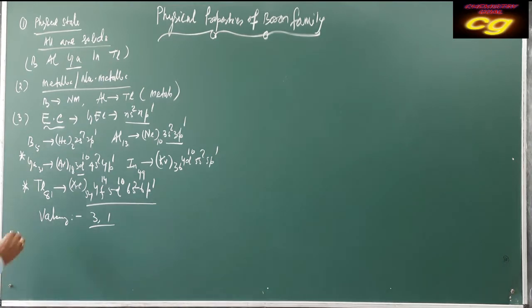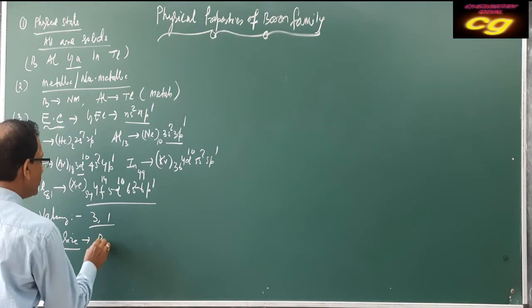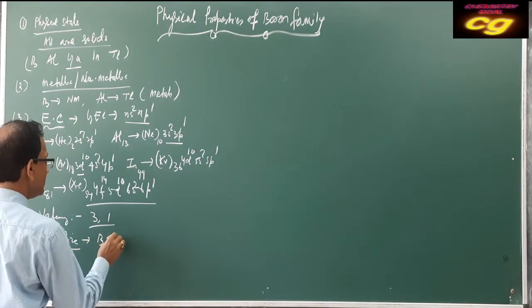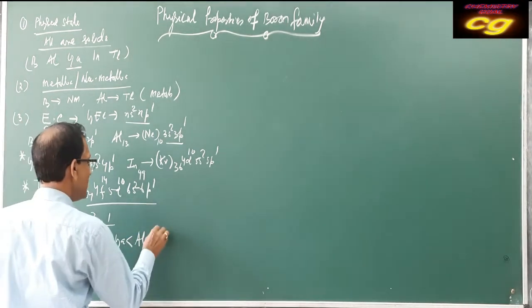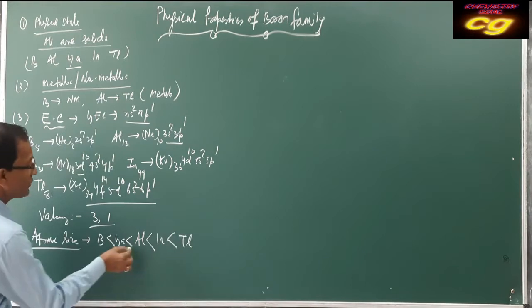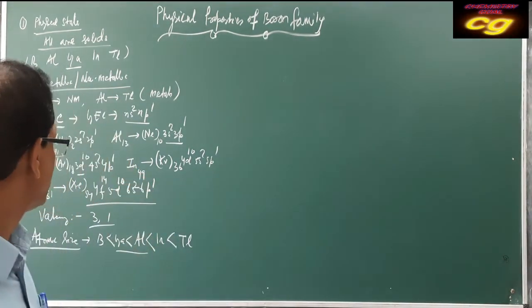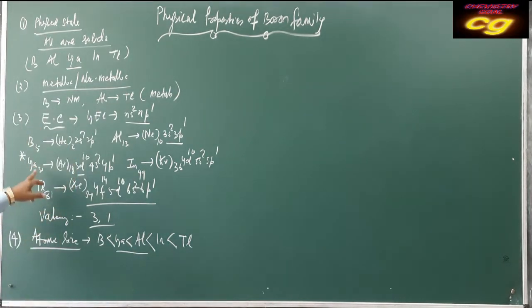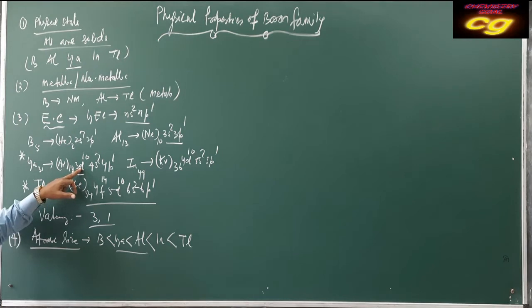Then number 4, atomic size. Atomic size, if you see, boron is less than gallium, less than aluminum, less than indium, less than thallium. Only difference is here. Why? The size of gallium is smaller than aluminum, because in gallium the d subshell contains 10 electrons.